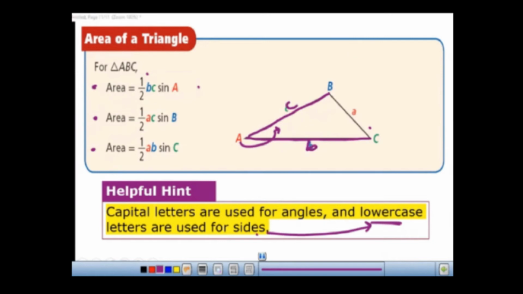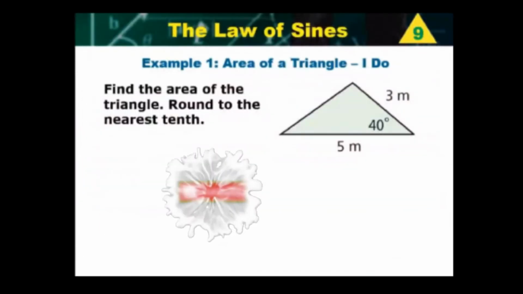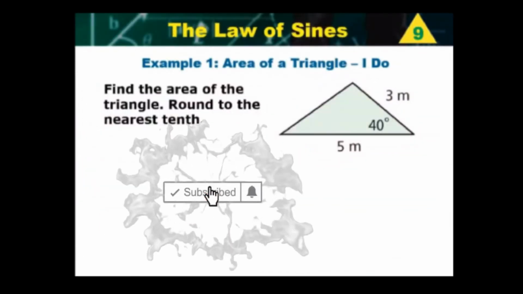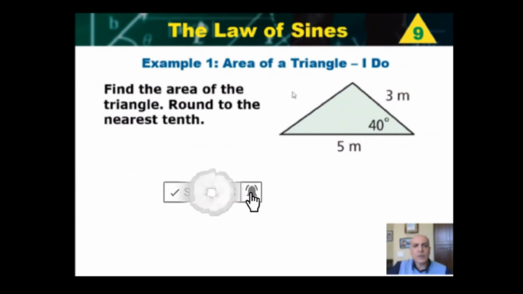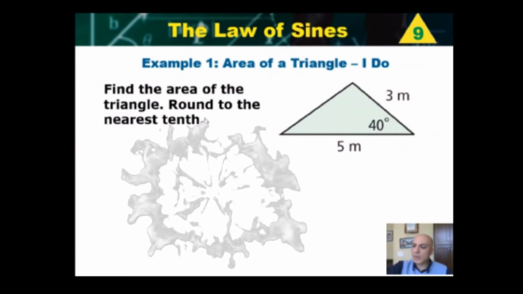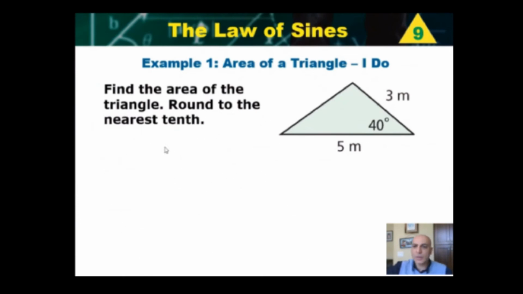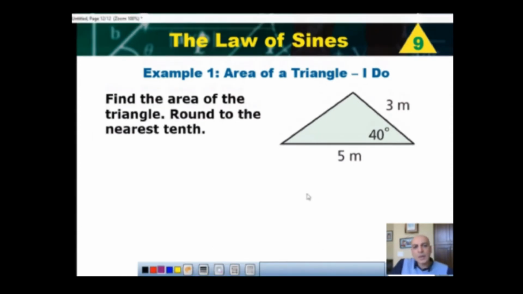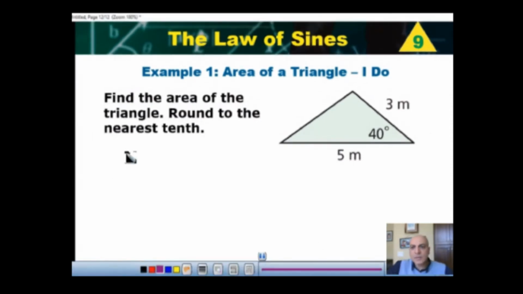Find the area of the triangle and round to the nearest tenth. We're going to find the area of this triangle here. Area equals... let's see what's given here. Well, I don't have any labels, so you make up your label. There is no really right or wrong way. Perhaps alphabetical order means from the least to the greatest.